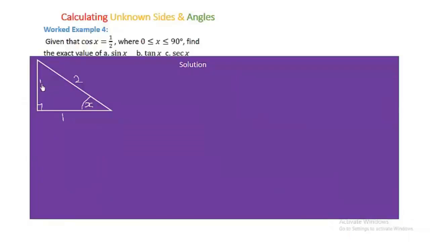Now we find the opposite. So let the opposite be y, then we must have y squared plus 1 squared is equal to 2 squared. So y squared will be equal to 4 minus 1. So y will be equal to the positive square root of 3.